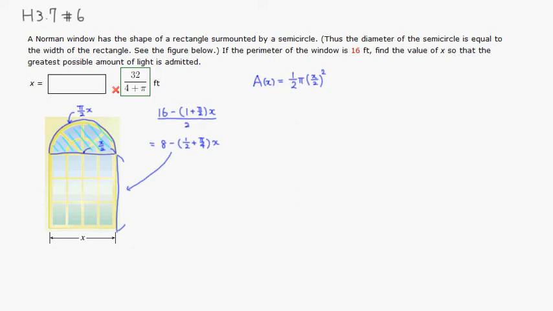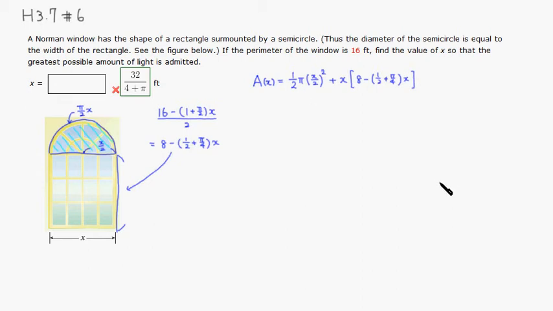Then plus the base x times the height. The height is 8 minus 1/2 plus pi over 4 x. Right, so we have that.